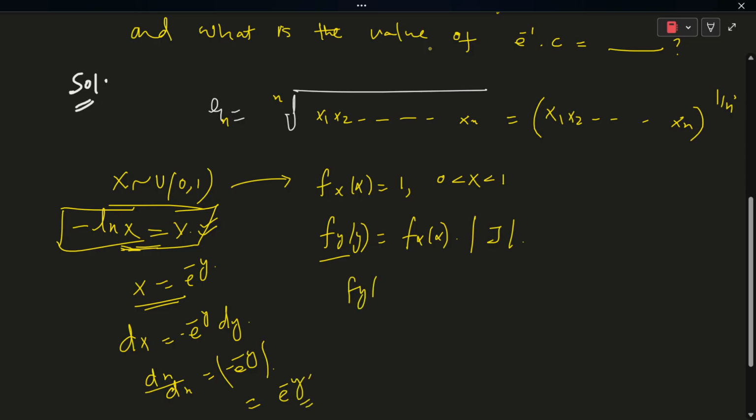So f of y will be e to the power minus y, and the limit of y will be 0 to infinity. How is the limit 0 to infinity? When x takes the value 0, minus log 0 gives infinity, and at x equal to 1, minus log 1 is 0.